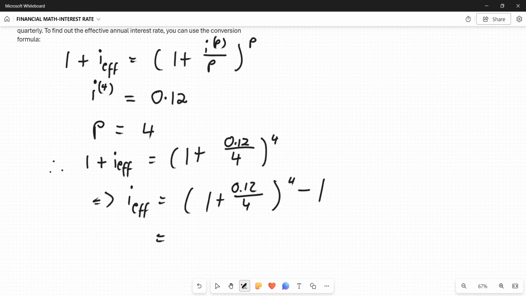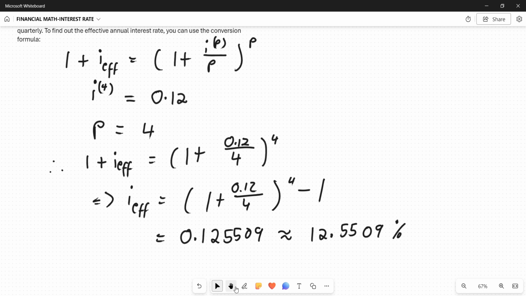So that gives us 0.125509, which is equivalent to 12.5509%. So that is our effective interest rate.